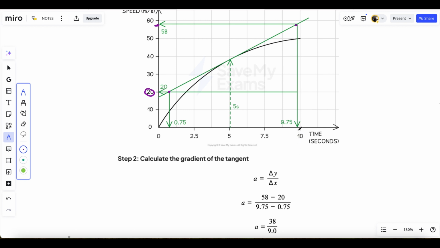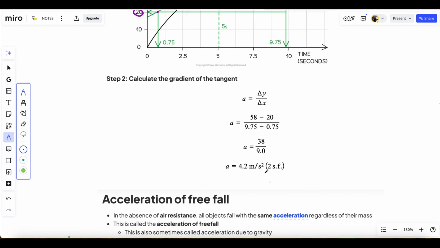It's very close to 10, 9.75. Minus, trace this one down, 0.75. Because this box is 2.5, so halfway is 1.25. So you'll be able to estimate the values. And then you slot it in: 58 minus 20 over 9.75 minus 0.75. You get 38 over 9, which gives you 4.2 meters per second squared.